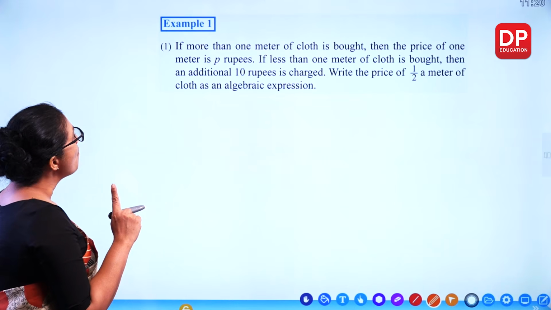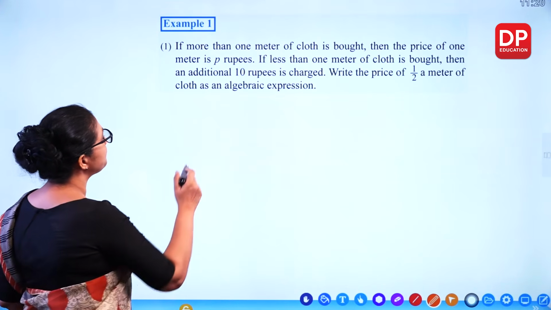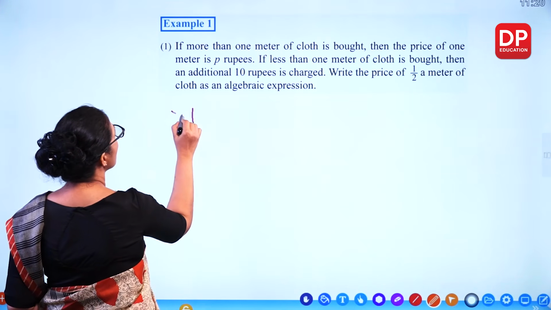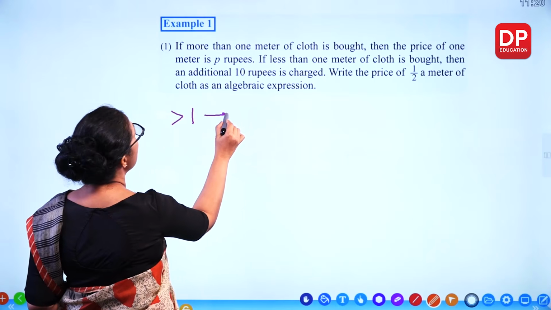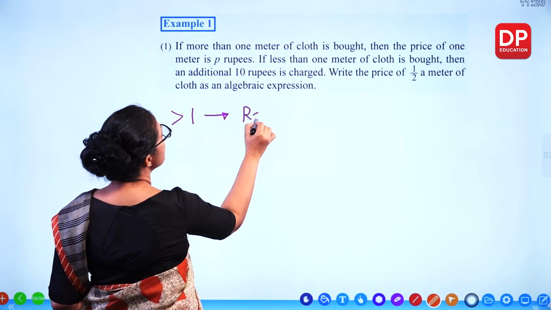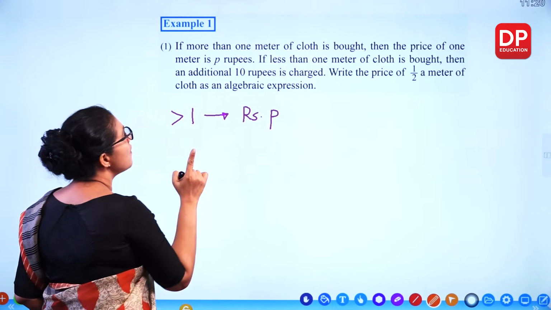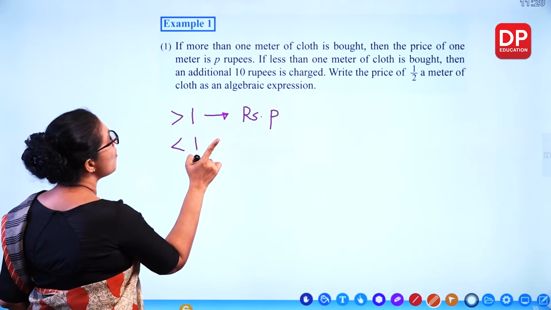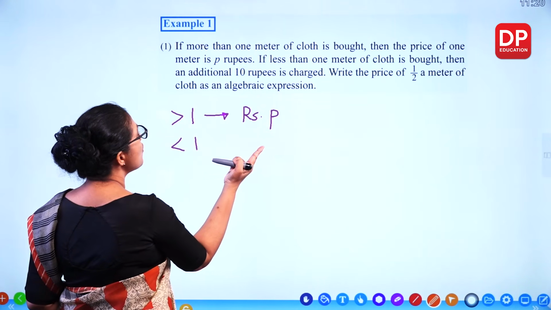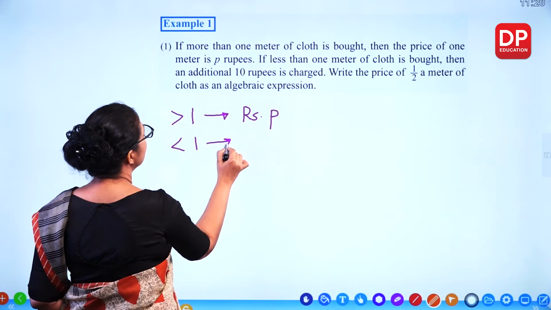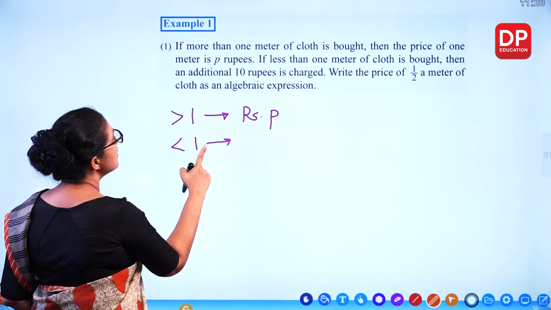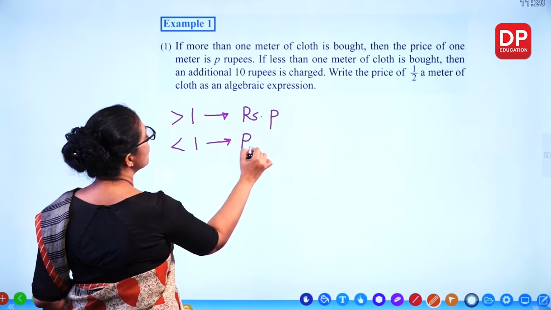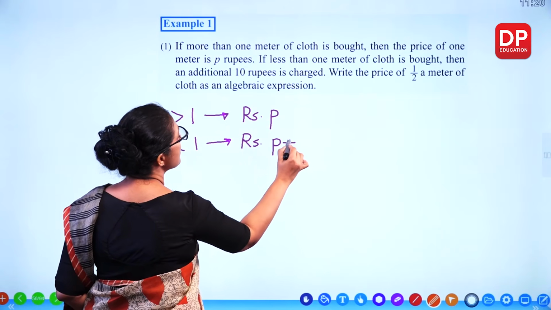So if it's more than 1 meter, then you have to pay p rupees. If less than 1 meter of cloth is bought, then an additional 10 rupees is charged. So p plus 10.